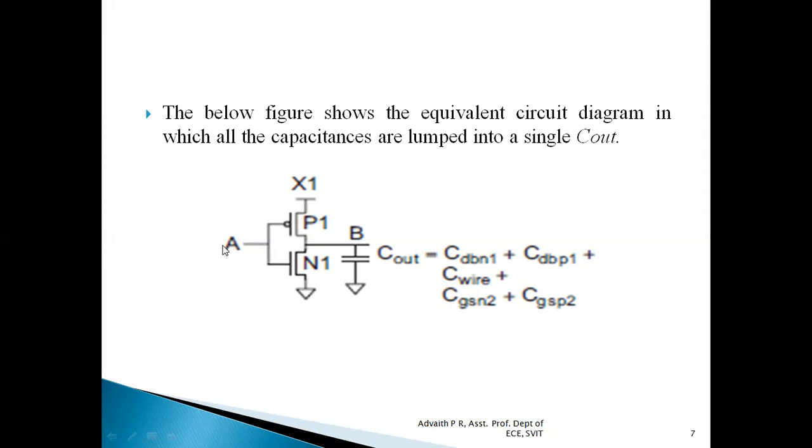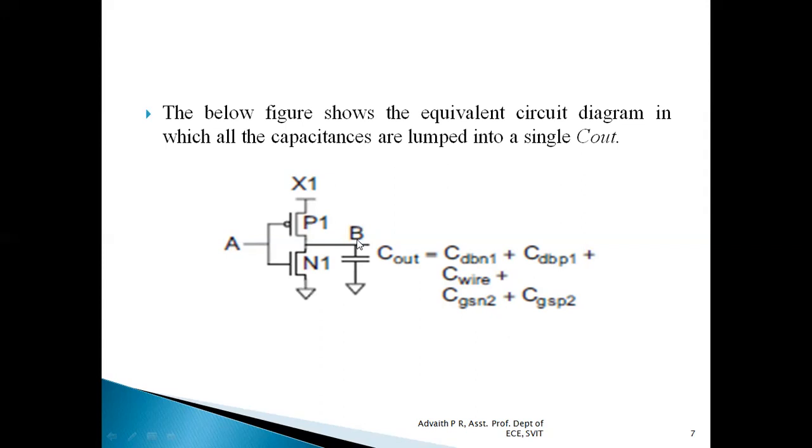Similarly, when gate input voltage A is given as 1, the P1 MOSFET is off, whereas the N1 MOSFET is on. Hence, whatever voltage was stored in node B will be connected to ground, and hence at node B the output will be equal to 0.